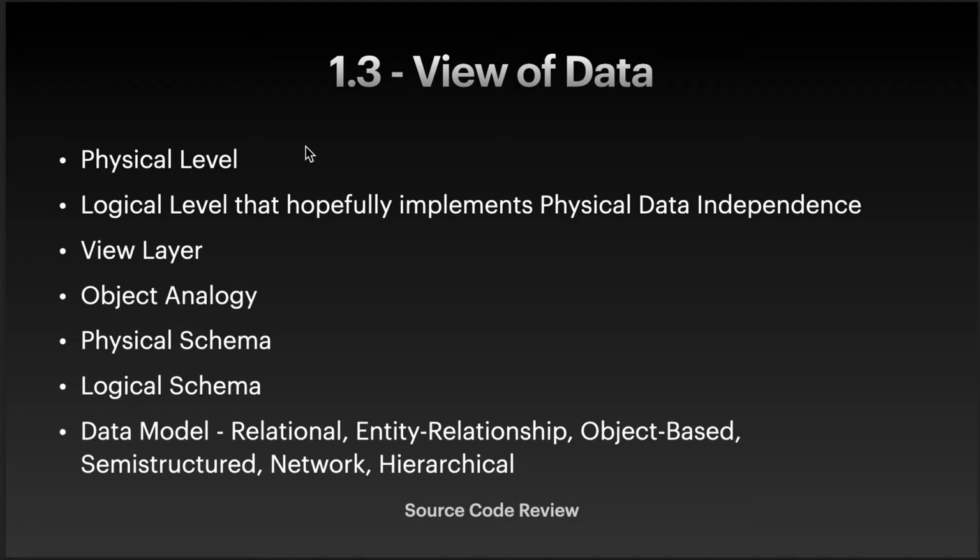The physical level would be the data structures that are used to accomplish this, such as maybe an object, right? In an object-oriented programming language. And then finally, the view layer is where you see the database represented as a table or in some sort of diagram.